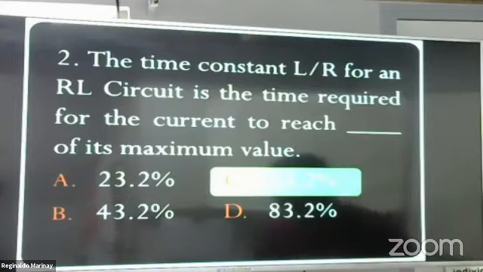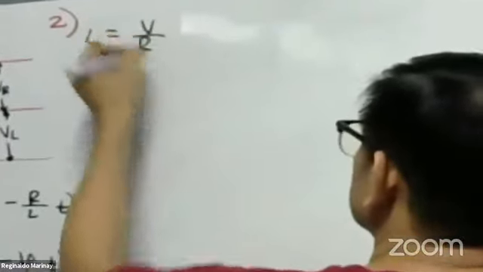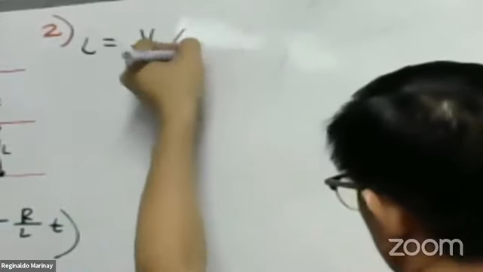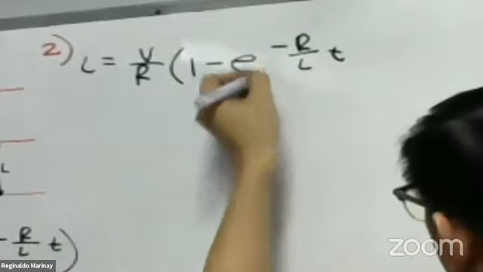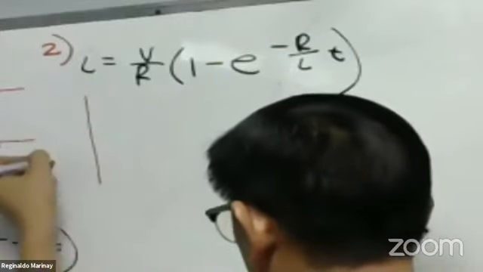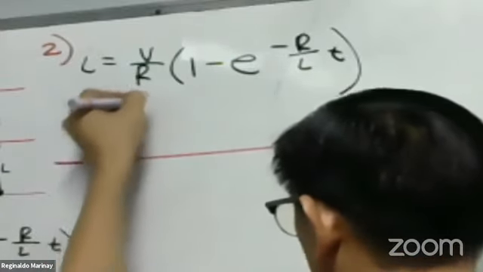Let's go over on the board. Again, our formula is V over R. What is V over R? Sir, that is the current. Yes, that's true. If we have a DC transient, this is a straight line.